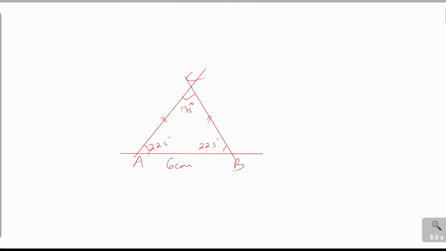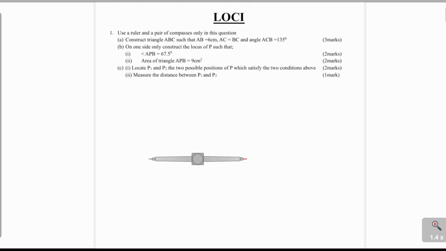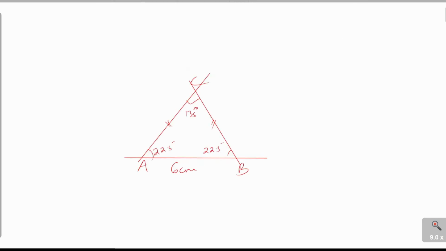So we need to construct this triangle with those angles, and the measurement AB is given and the angle. Because you're supposed to use a pair of compasses and a ruler, how do you construct an angle of 22.5? For 22.5, we shall begin by constructing 90 degrees. Then we bisect 90 degrees to get 45.